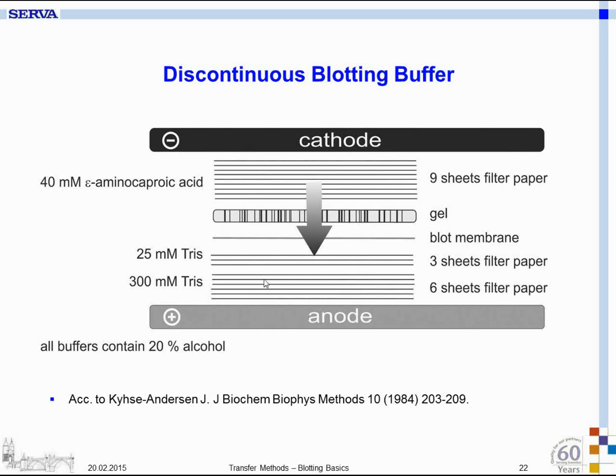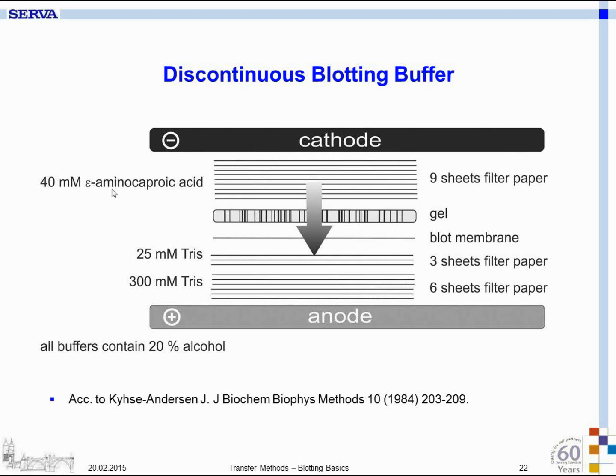The Tris will go in this direction. The beginning is a low concentration of Tris. You have a high field strength, so the proteins are moving quite fast electrophoretically, but with time you have a higher conductivity. That means the field strength will drop and the proteins migrate slower. So with this you can avoid blow-through of some small proteins.